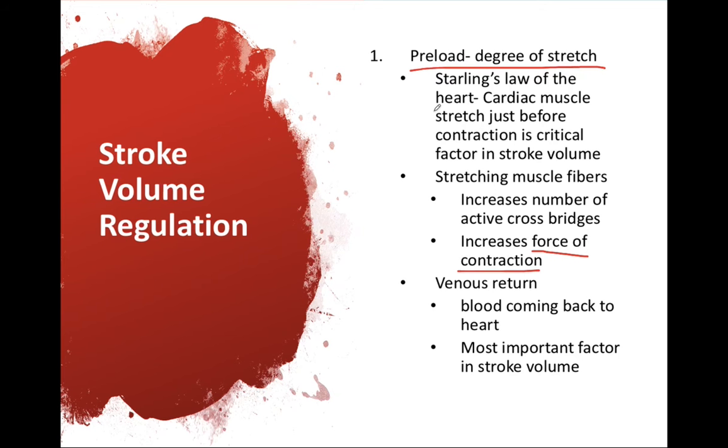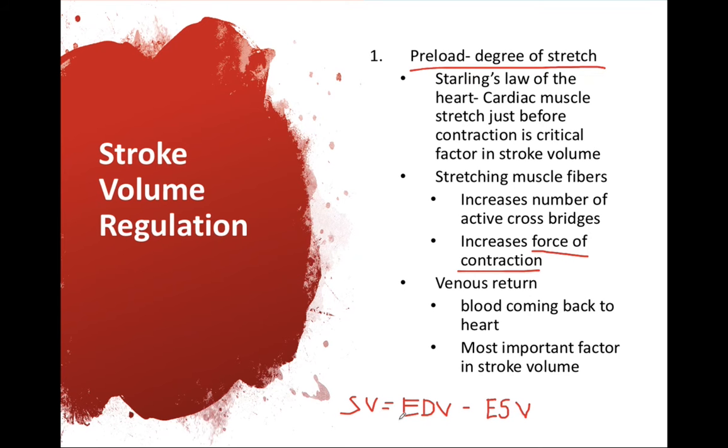Now, since the preload is proportional to the end diastolic volume, we can look at the end diastolic volume and relate it back to how it's going to affect the stroke volume. I have just rewritten this formula here to show you how the end diastolic volume plays a role in stroke volume. Again, we saw this formula on the previous slide.